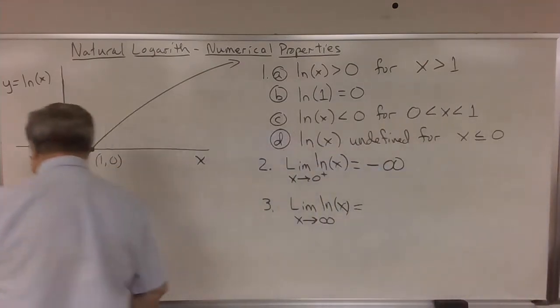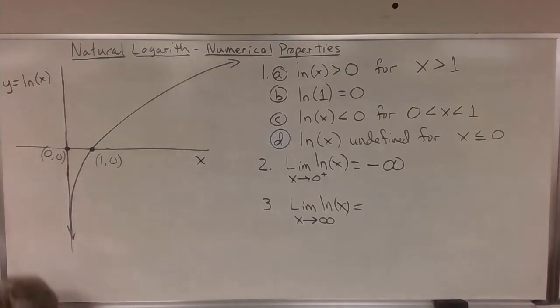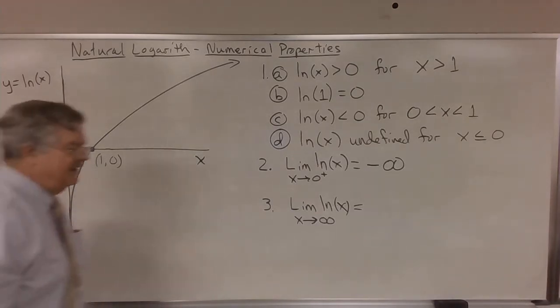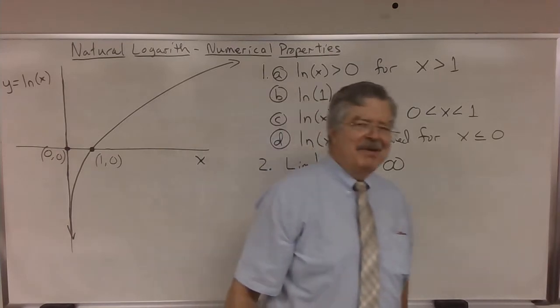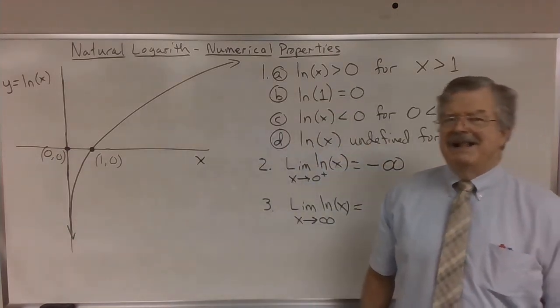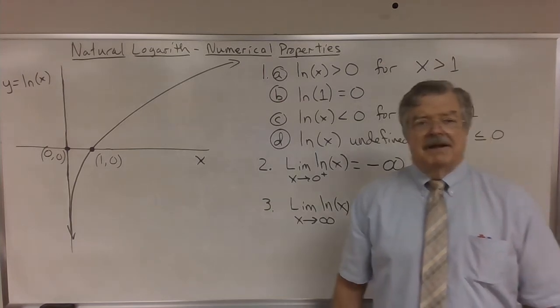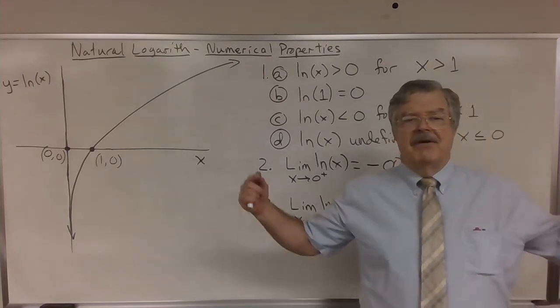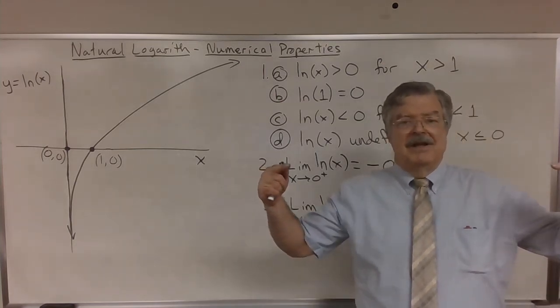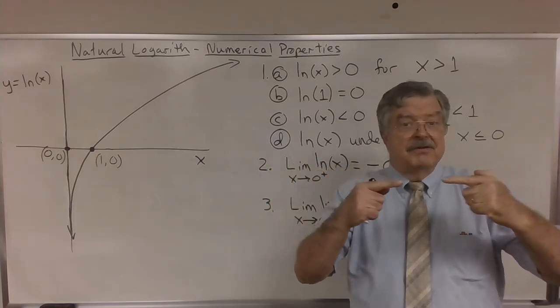Now, why did my best friend's father say, well, that all depends on what you mean by limit? Well, when we say limit, we're talking about x approaching a certain value from either direction.